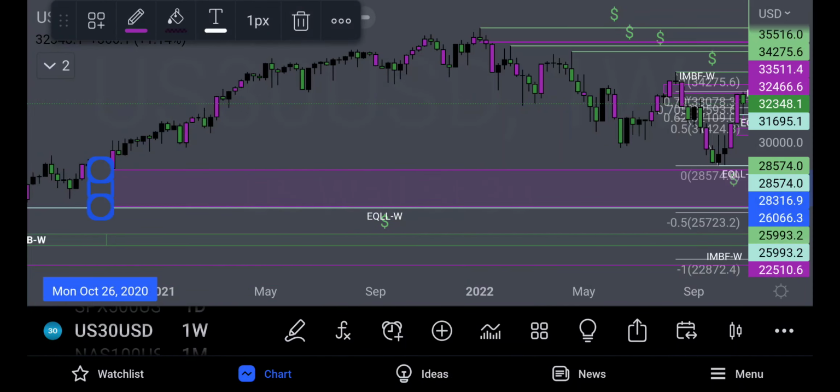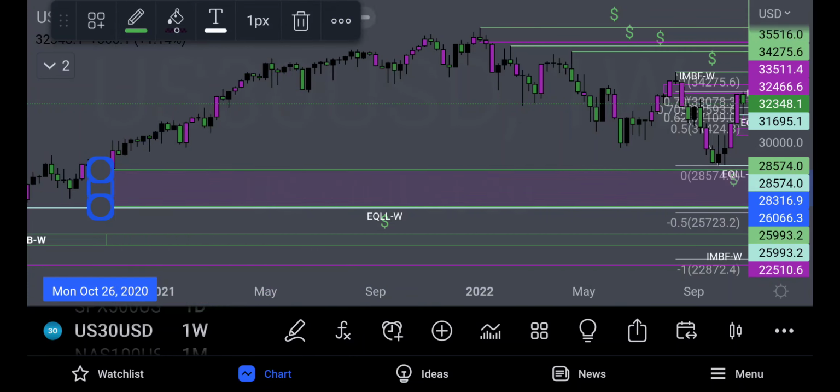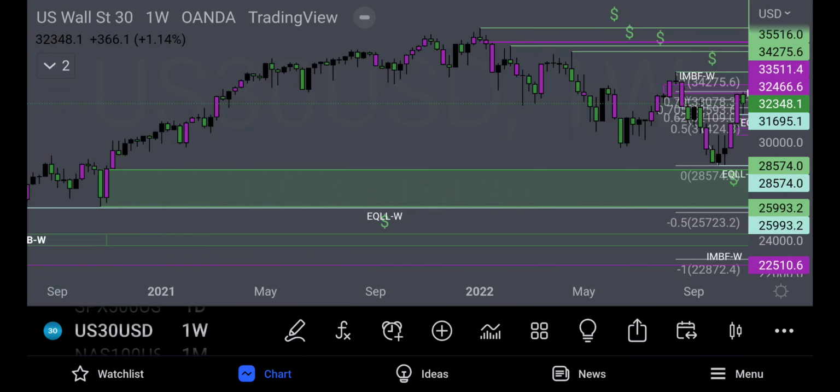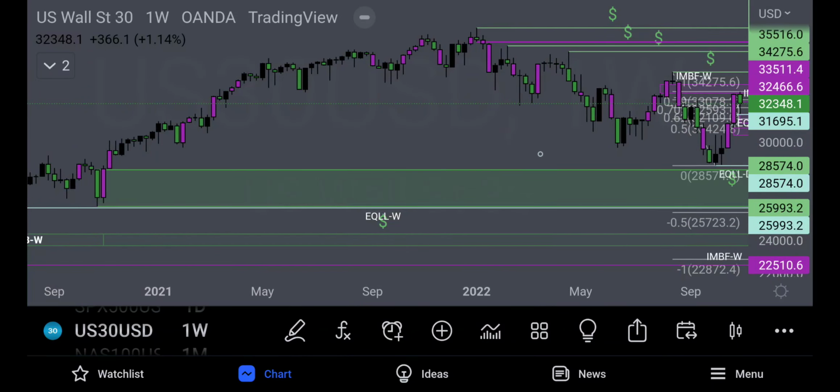Okay, I'll just change the color to green just so you guys can see that. So if I draw out my traditional demand, you can see that it has not been tapped yet.